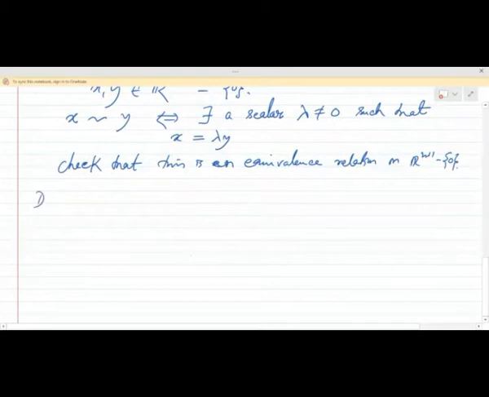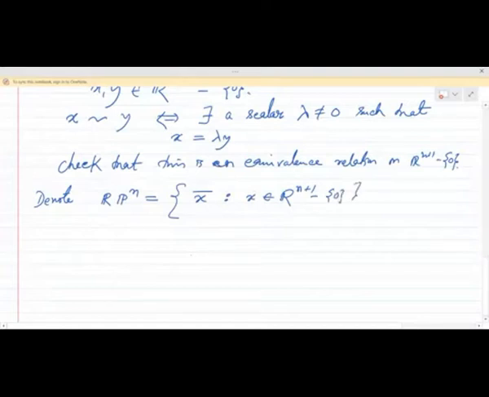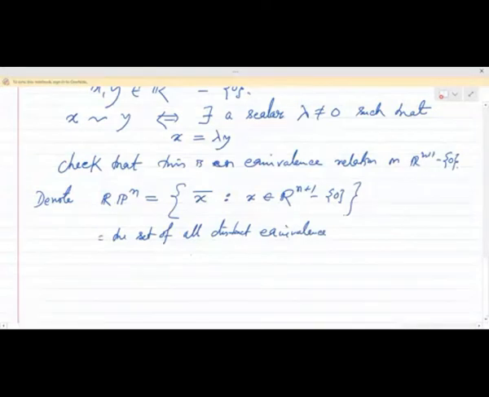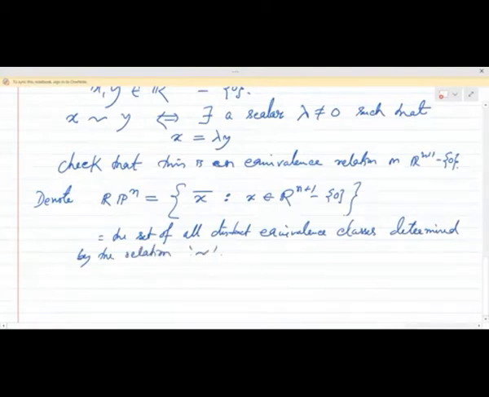We denote the set of all distinct equivalence classes determined by the relation defined above as RPn.